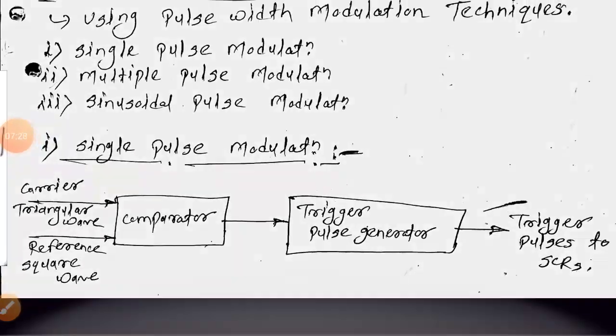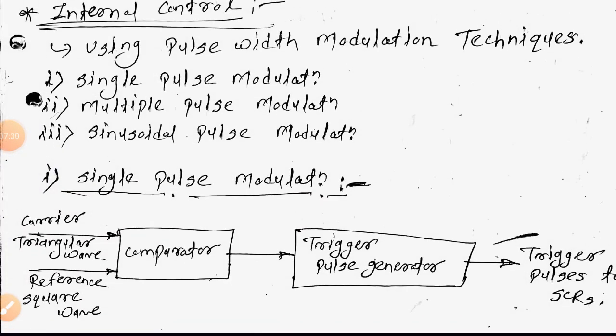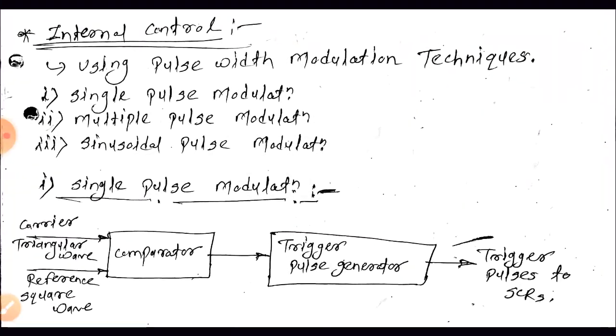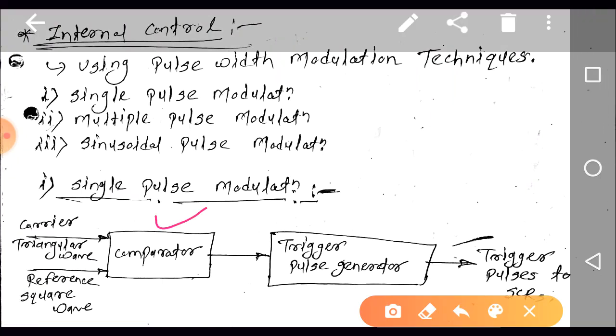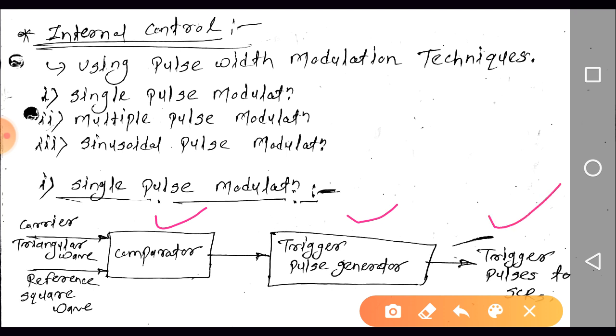Here we have the generalized block diagram of the pulse width modulation technique. Here we are using two blocks: one is a comparator, the second one is a trigger pulse generator. The output of the trigger pulse generator is nothing but the triggering pulses to the SCRs, or triggering pulses to the BJTs or the switches, right?